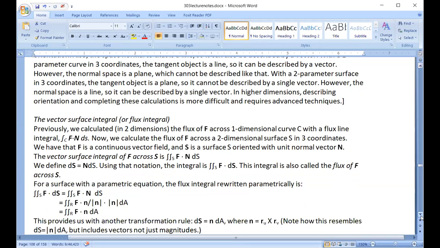And as a note, in a sense, we already were doing this because we knew that dS, d not bold S, before converted as the magnitude of n dA. And basically now we're writing everything not just with magnitudes, but as a vector with the orientation.